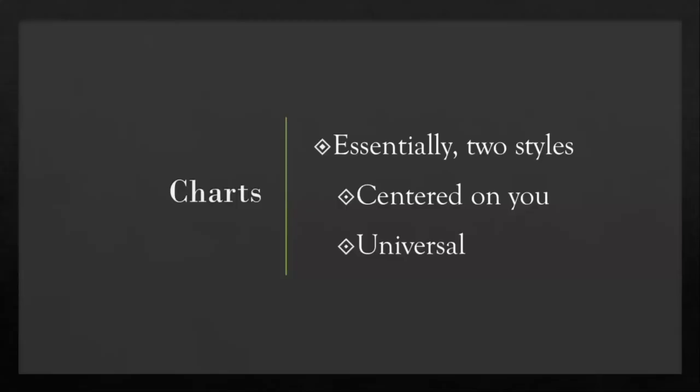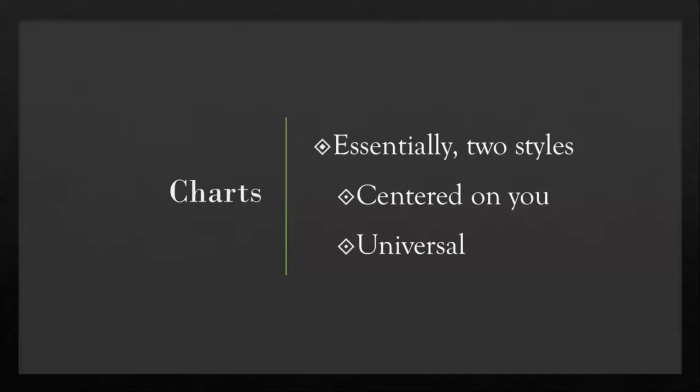In searching to see how many different kinds of charts I could find, my experience so far with the kinship system that we're using is that there are essentially two styles of charts. When you're reading articles about cousins, every article has its own style of chart, and it can start to feel like, I can work this chart, but I don't really understand it, and it's different than this other chart.